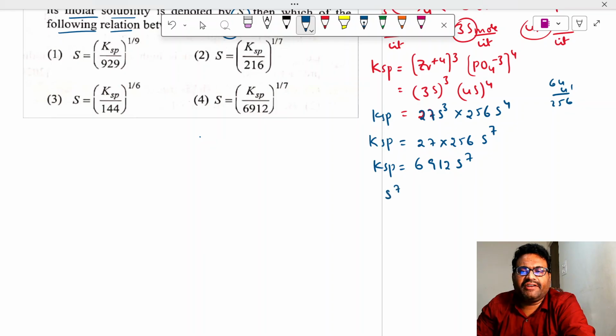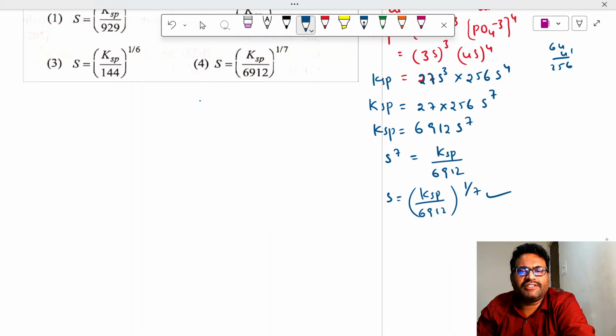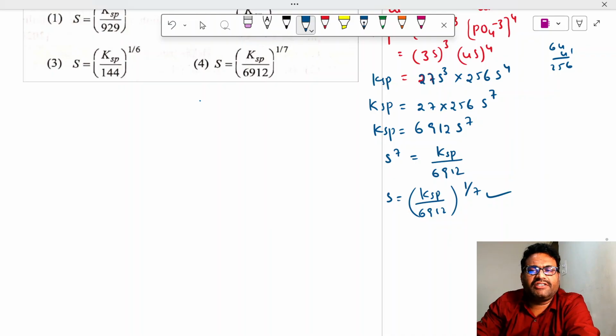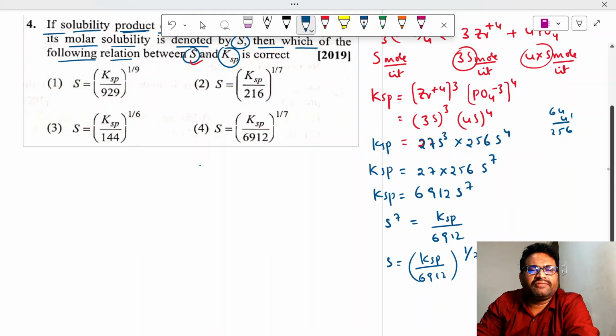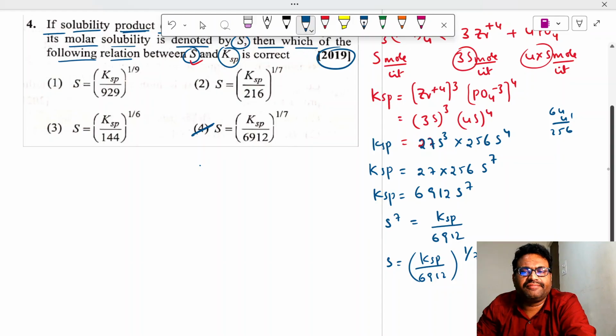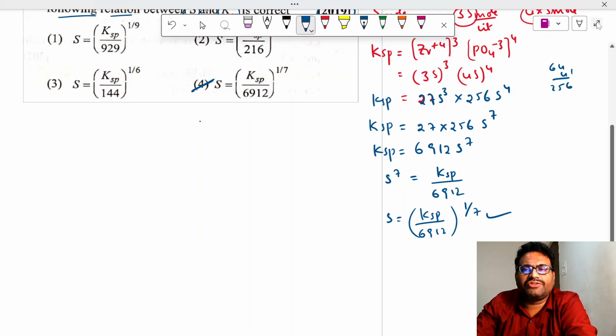So S power 7 is equal to Ksp by 6912, and S is equal to (Ksp by 6912) whole power 1 by 7. Understood? So this is the answer. This question was asked in JEE Main 2019. Let us move to the next question.